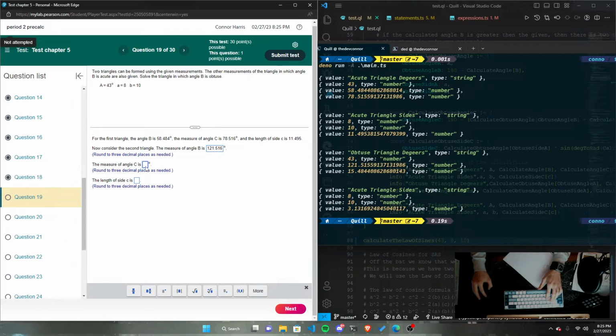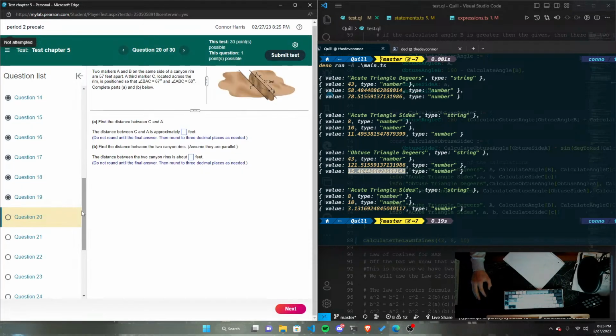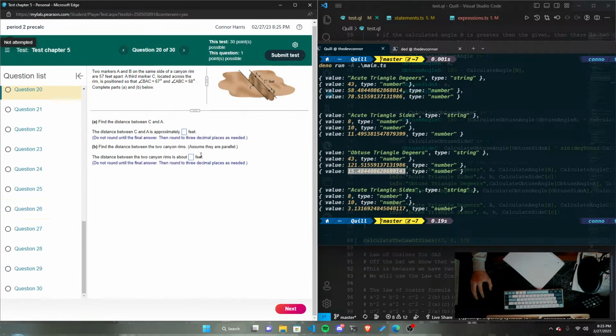Angle C for the obtuse case would be 15.484. Then sides A and B would stay the same, so side C here would be 3.132. Easy. 10 more questions. We may actually be able to finish this.